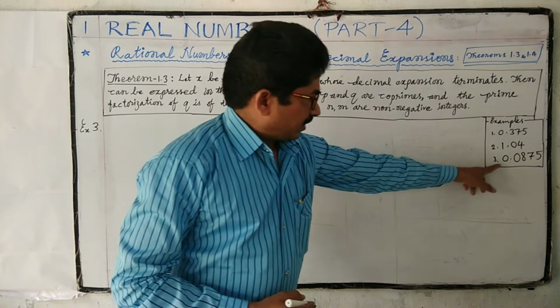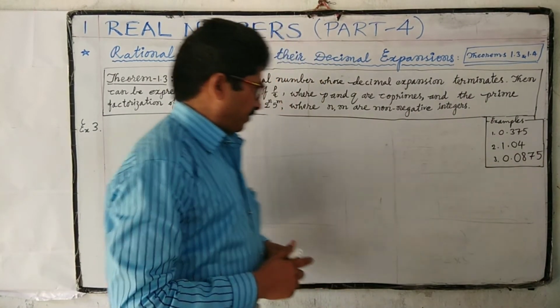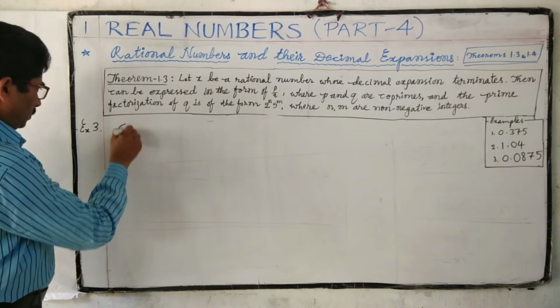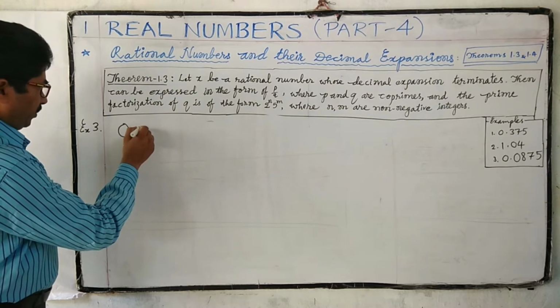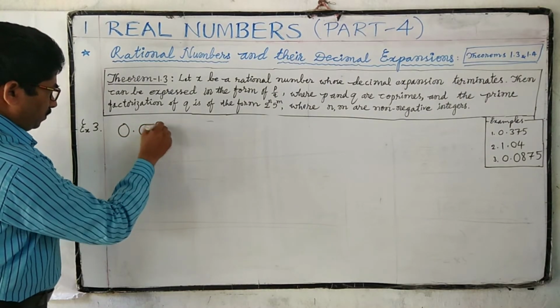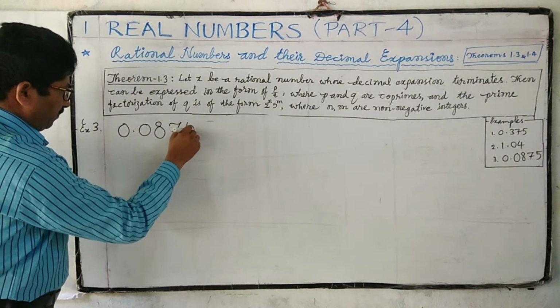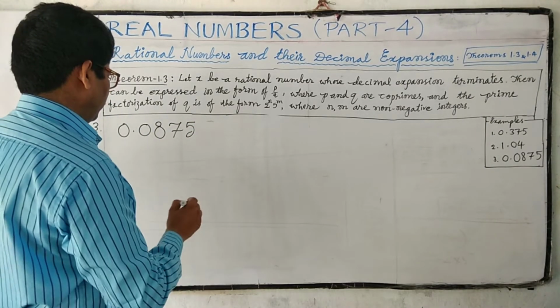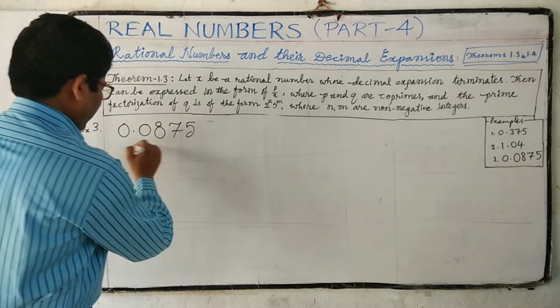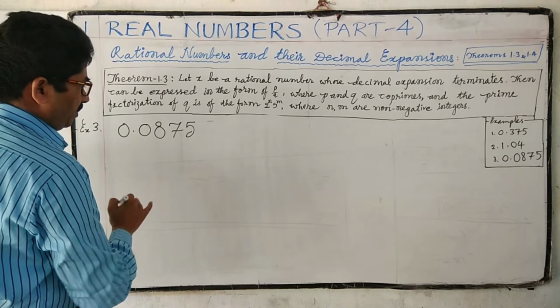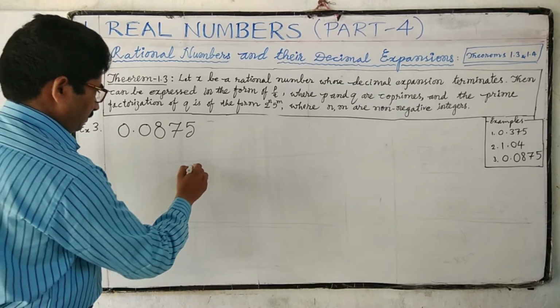Example 3: 0.0875. It has 4 decimal places.